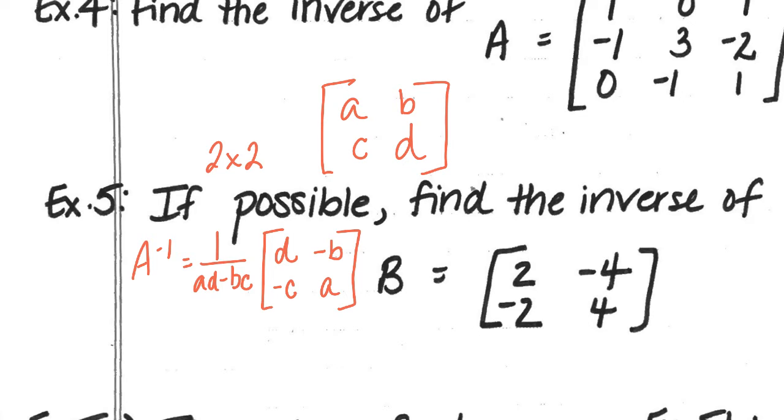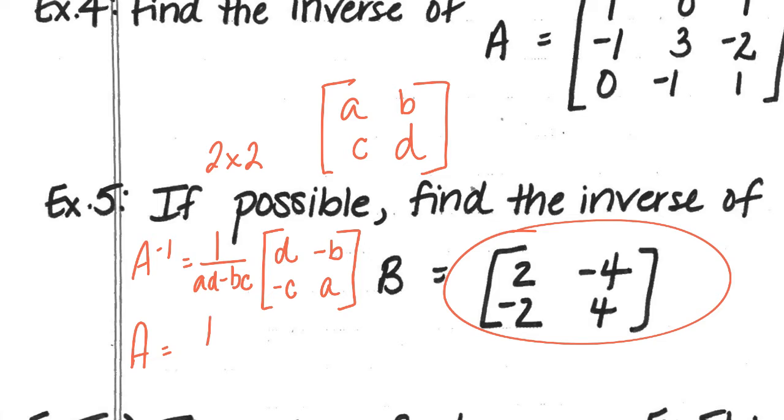But now, if I was to use this, I'm going to take 1 over, well, A times D is going to be 8, minus, and this is going to be 8. So I guess that's why this is saying if it's possible. And then I'm just switching these two right here, the 2 and the 4.